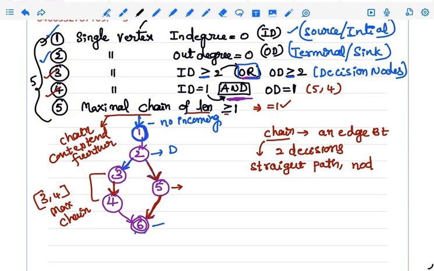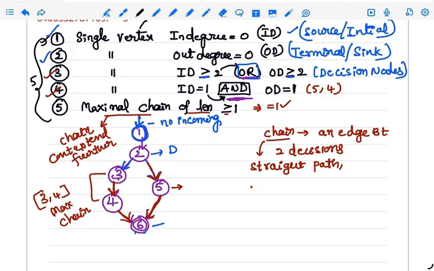There are no decision nodes in a chain. The chain means a straight path, that is, from 3 to 4 there is an edge, right? There are no decision nodes in between. 3 to 4 is a chain, a straight edge, with no decisions or branches.